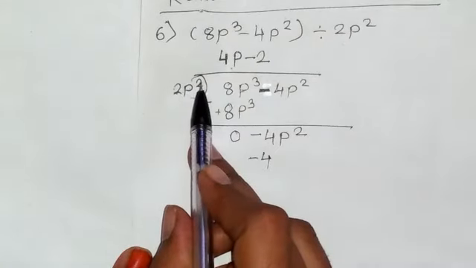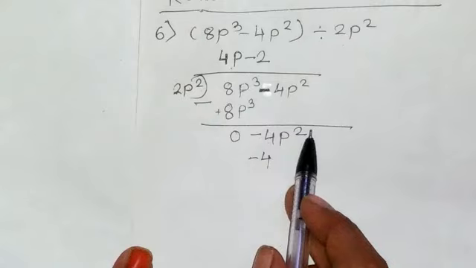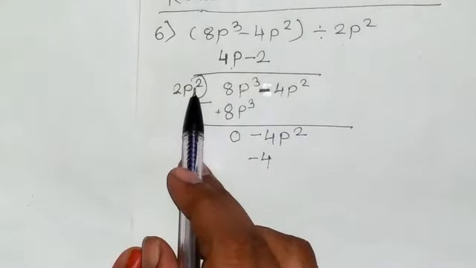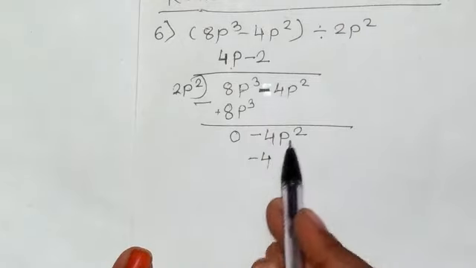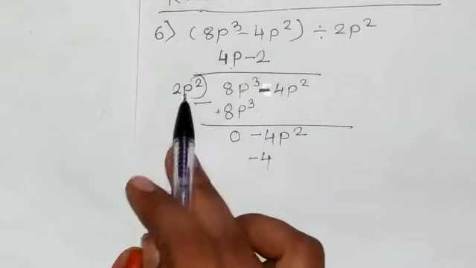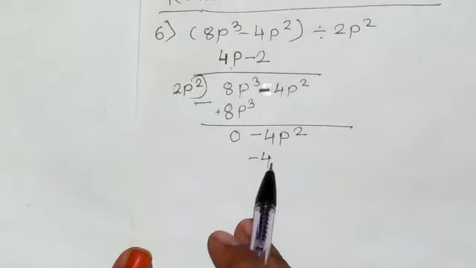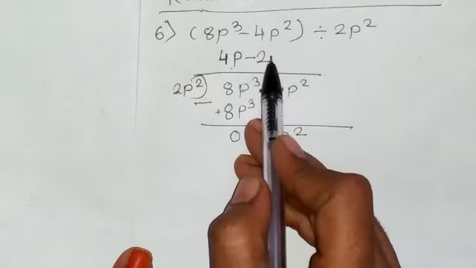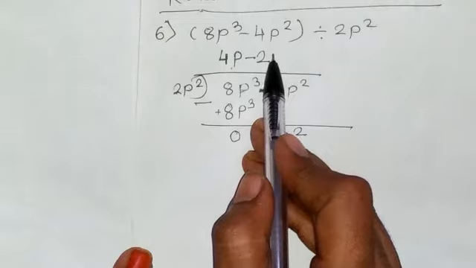Now this p square, we have to make the p square. If you multiply this p with another p, the answer will become p raised to 3. So in this situation, if we have to keep this p square as it is in the answer, then there is no need to write any variable here.